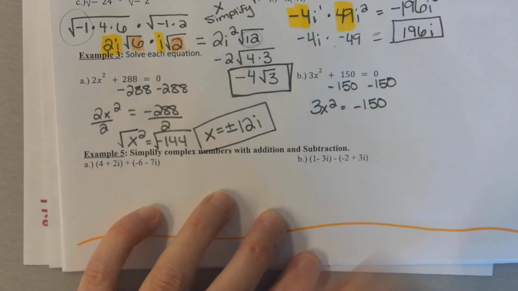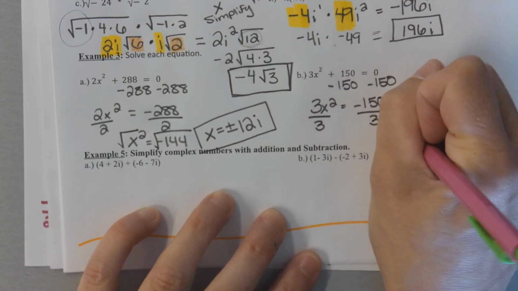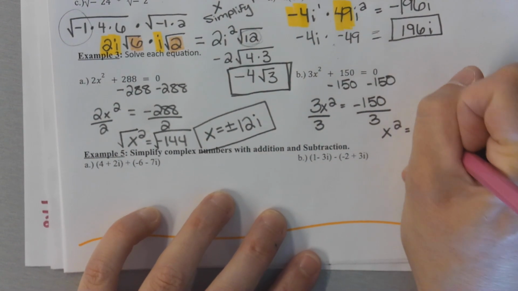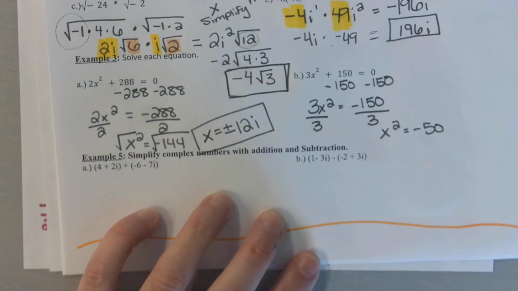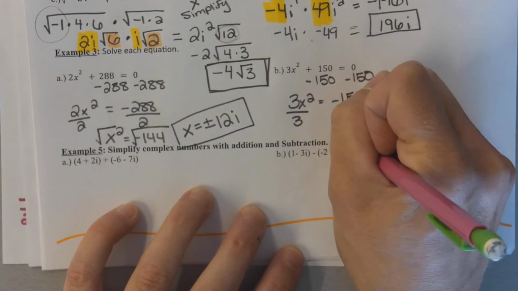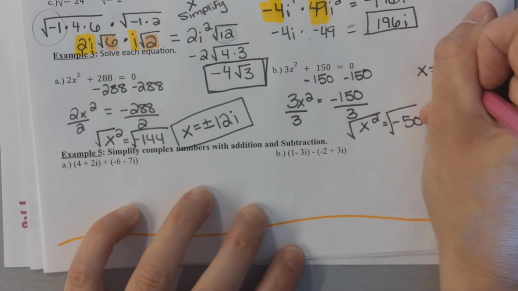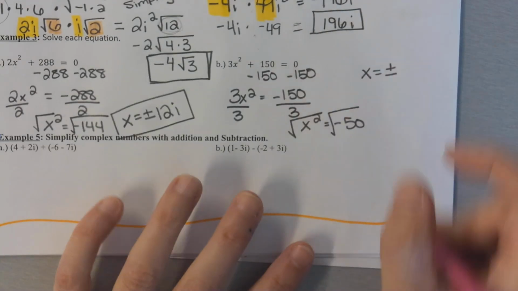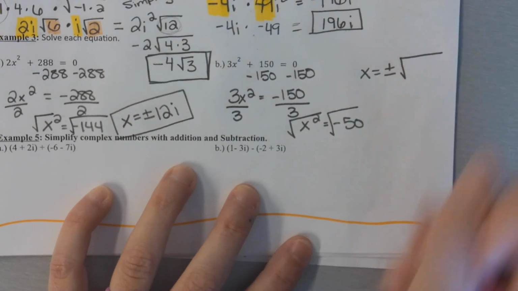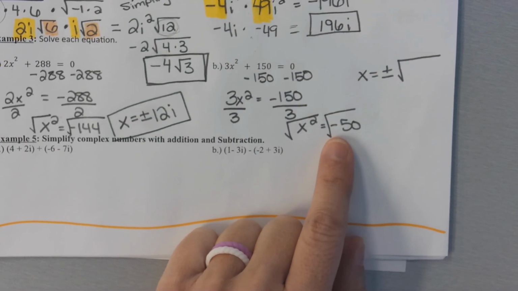How can I divide it by 3? x squared equals -50. Then how would I get rid of the squared? Square root each side. Now, remember when you square root each side, that's when that plus or minus symbol comes up out front. All right, let's break this apart like we were doing in the beginning.